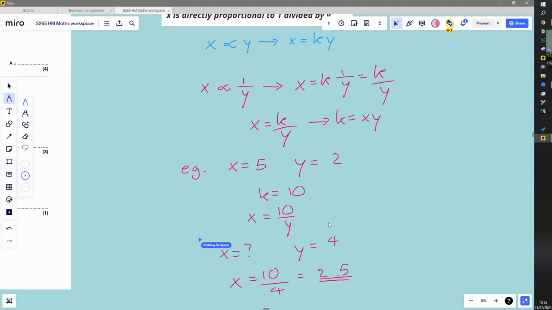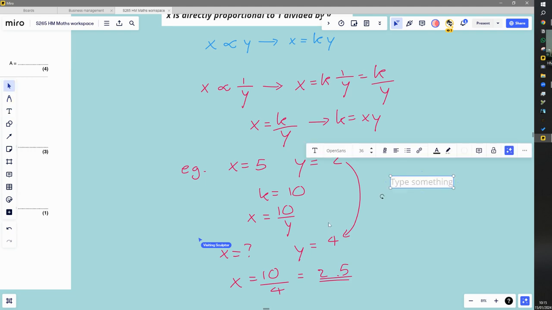Okay, so this is how you would answer that. Now, one of the things I want you to notice here is that what I've done is I've doubled y, and what happened to x? It halved.